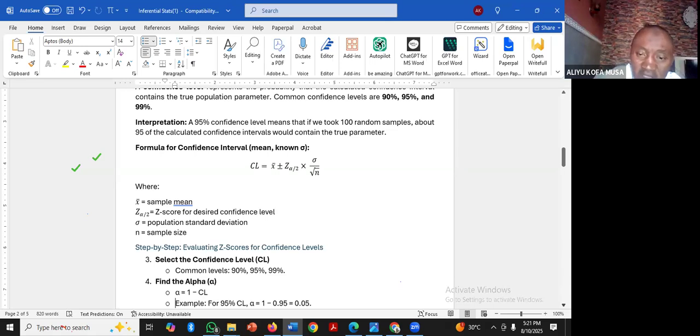Then we use the confidence levels to calculate the confidence interval. And don't forget, a confidence interval is a range of values which contain the likelihood of having the population parameter, the true parameter.